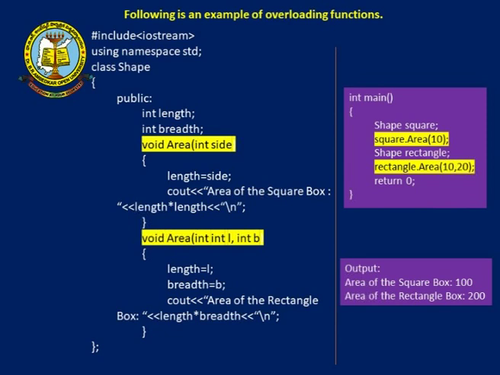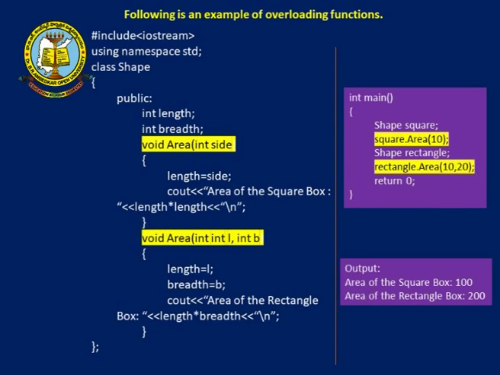Since there is one member function whose name is area, the name of the function is matching, and it also checks whether the number of arguments matches. Yes, we are passing only one integer type argument, and here also it is accepting only one integer type argument.